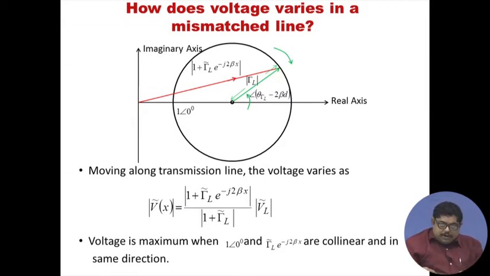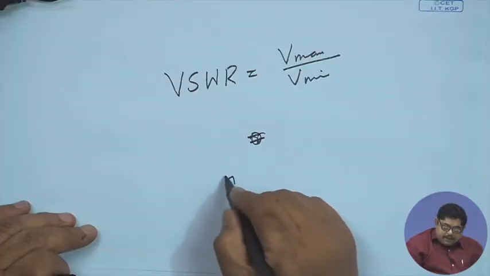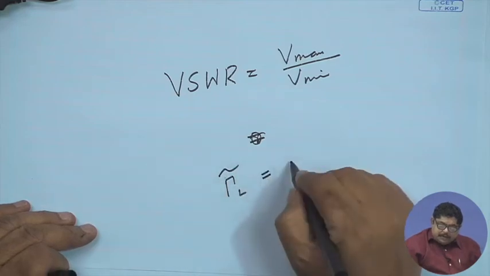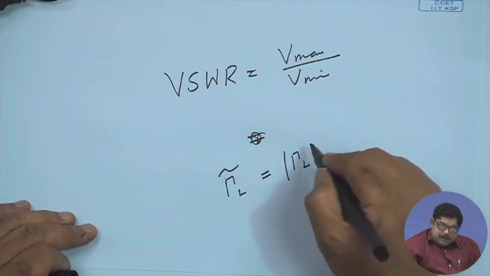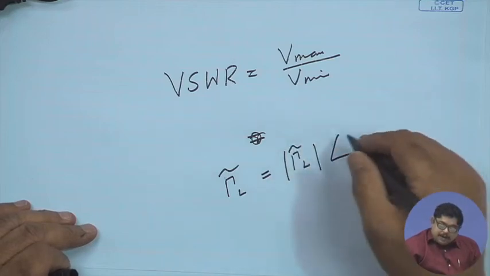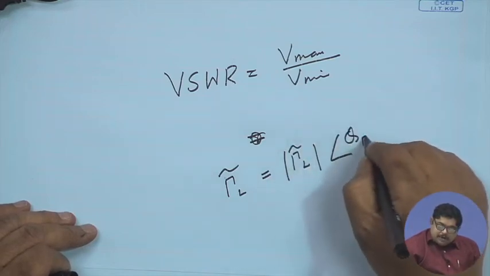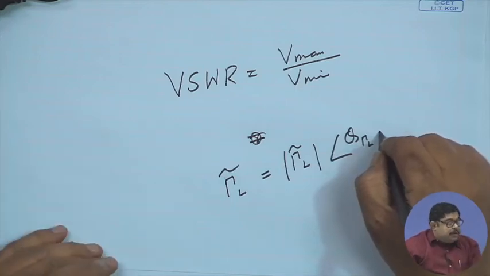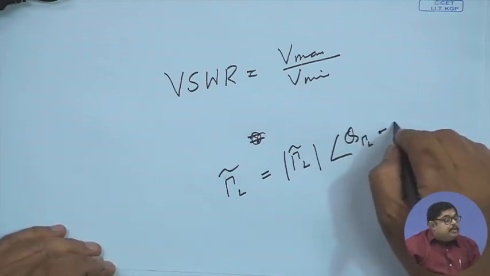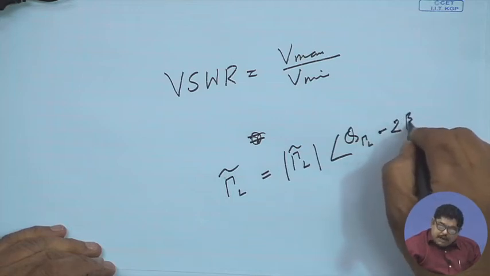So, actually gamma L is a complex number. We can call it gamma L bar with some angle that we are calling theta gamma L, and then you see that e to the power, that means I will get a 2 beta d.